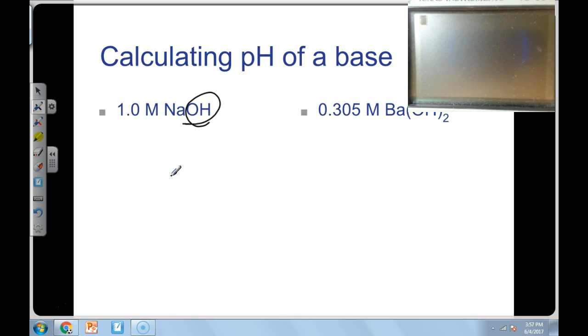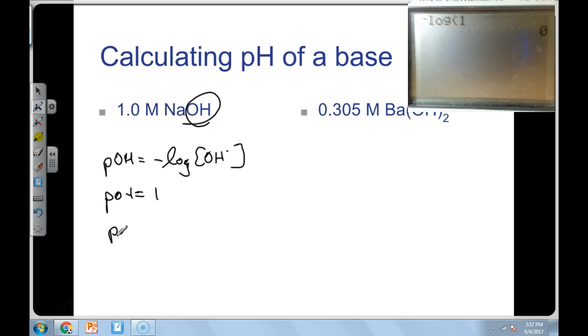calculation. To find the pH of this, I'm going to find the pOH, and that's going to equal the negative log of the concentration of the hydroxide ion. So I'm going to go negative log of the hydroxide ion, which is 1. And that's going to give me a pOH equal to 0.